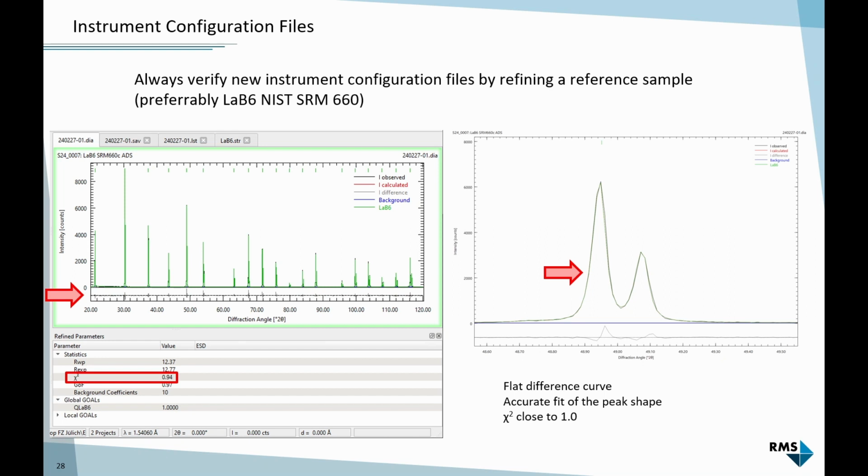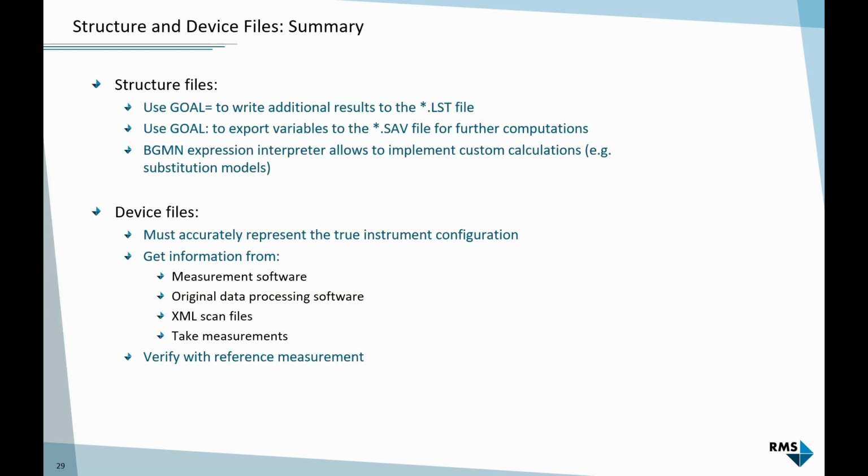So to summarize all this, first, when we talked about the structure files, I explained how these different goals work. And I also showed an example how we can use the BGMN expression interpreter to establish, for example, substitution models, to couple the substitution on different sites, so to maintain charge balance. And then when we talked about the device files, it's important that it accurately represents your true instrument configuration.